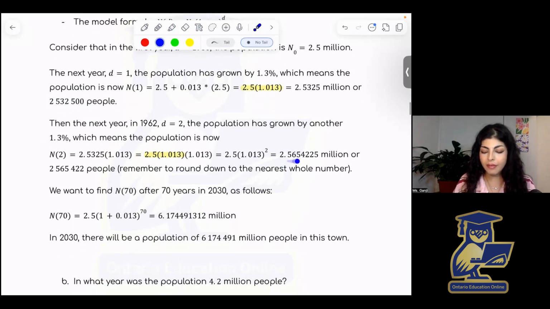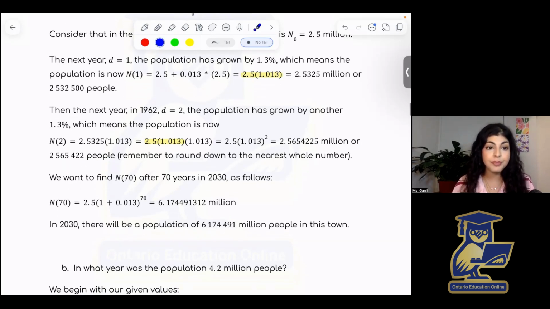And here we have this value here. And again, because we are working with millions, I will move my decimal over. And here, when I move the decimal point over, I actually do see that the 5 at the end will result in a 0.5. And again, we don't have 0.5 people. So here I would round down and we have 2,565,422 people after 2 years.